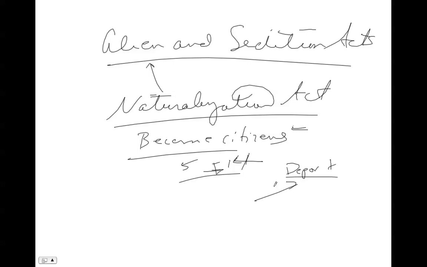In other words, you have to go back to your country. And the Sedition Act stated that a person could be held liable for any false, scandalous, or malicious spoken or written word against the government, which kind of sounds like it's a violation of the First Amendment to me. Although there's some historians that actually argue that that's not the case.